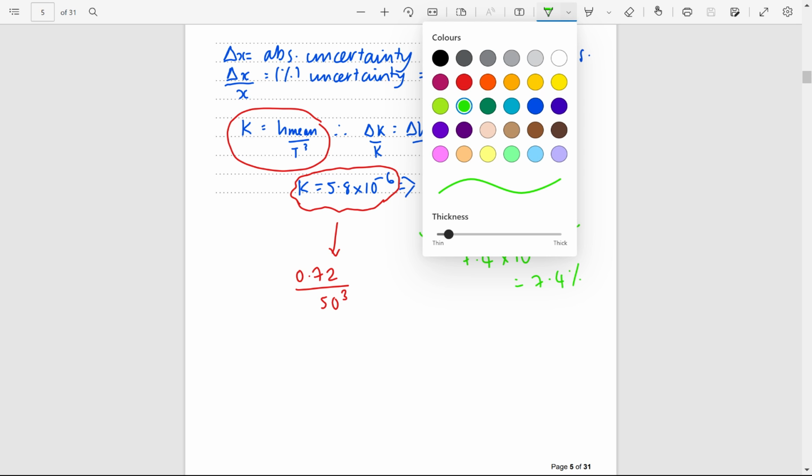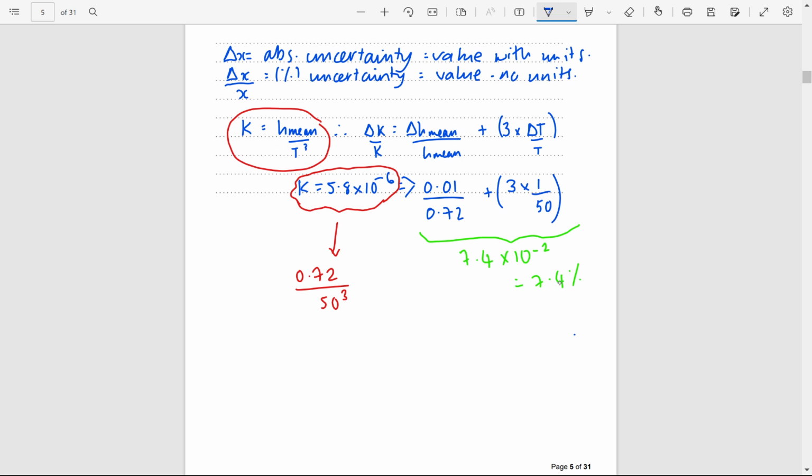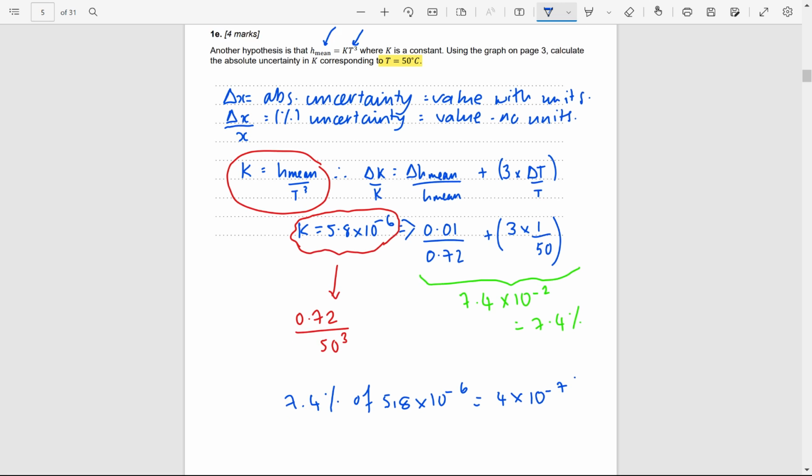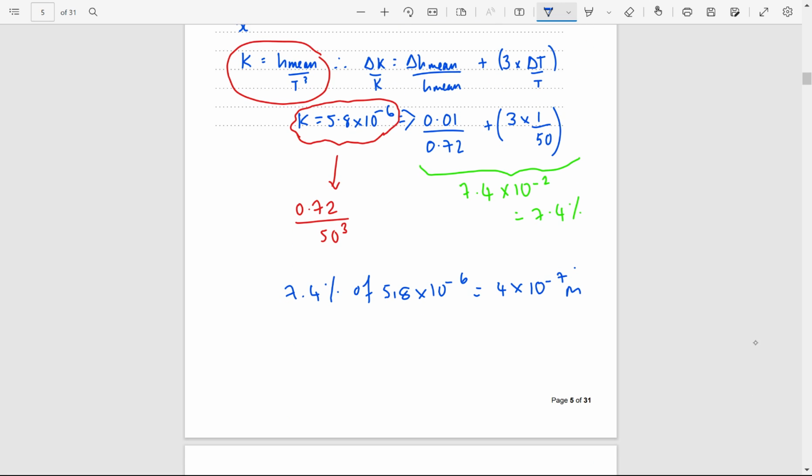So the final answer is 7.4% of K. Which equals 4 times 10 to the minus 7. What are the units? Meters per degree centigrade cubed.